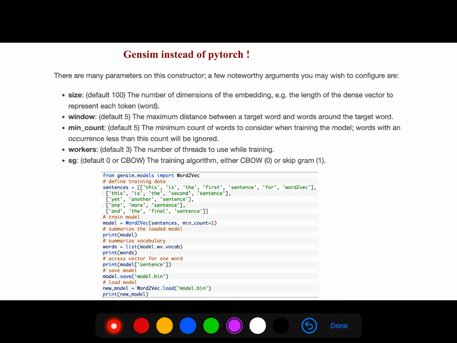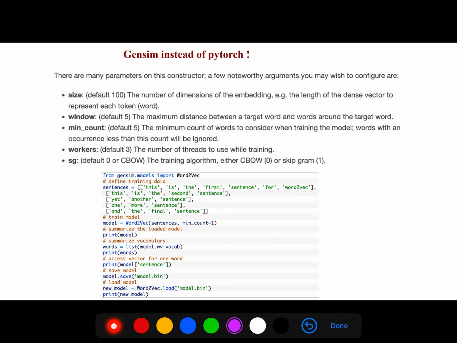And why not use Gensim? Because it has already implemented all of these things. If you want a standard model with standard ways like simple hierarchical softmax and the standard version of negative sampling, of course, then you can use Gensim.